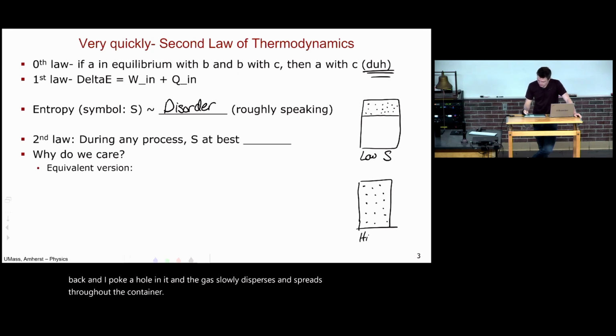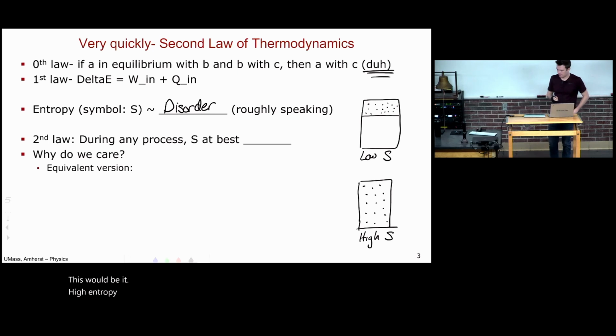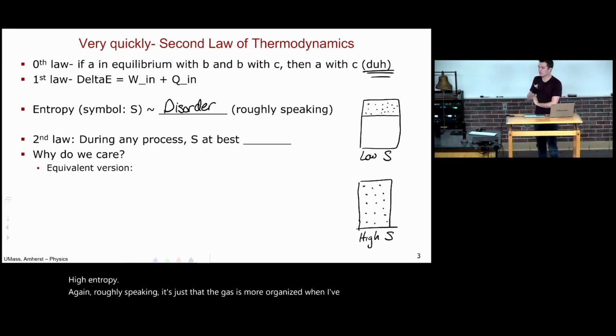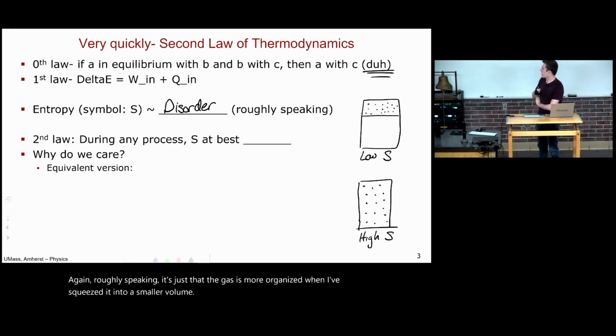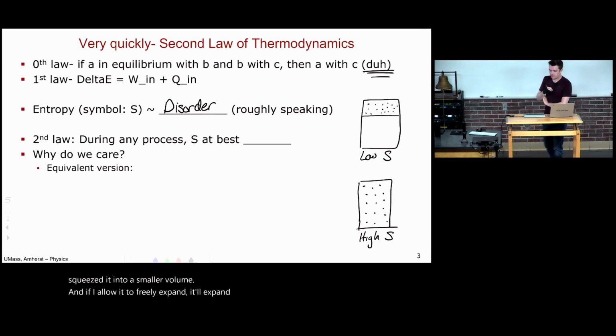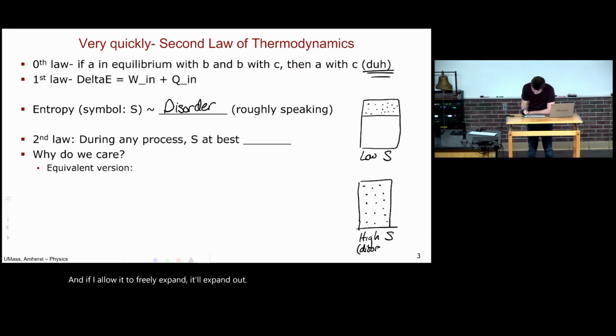This would be high entropy. Again, roughly speaking, the gas is more organized when I've squeezed it into a smaller volume, and if I allow it to freely expand, it'll expand out. Disorganized.